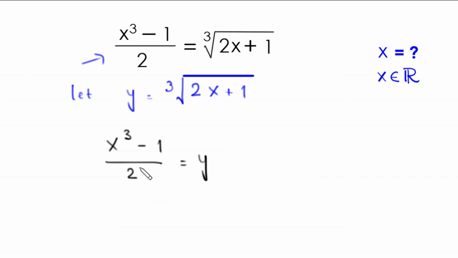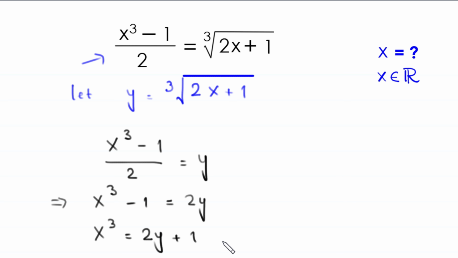If we multiply both sides by 2, this implies that x cubed minus 1 equal to 2y. Move this negative 1 to the right hand side, then this will become x cubed equal to 2 times y plus 1. Let's call this equation number 1.